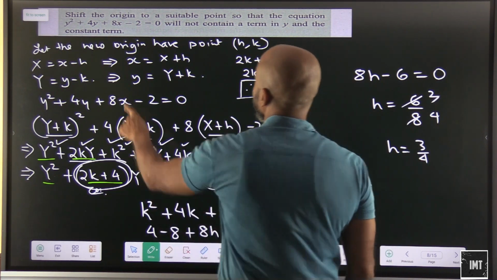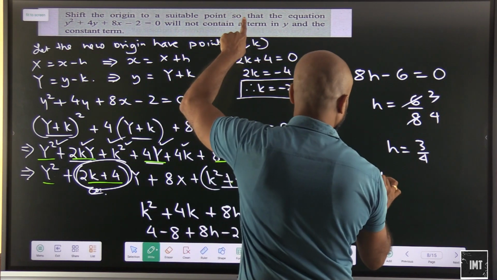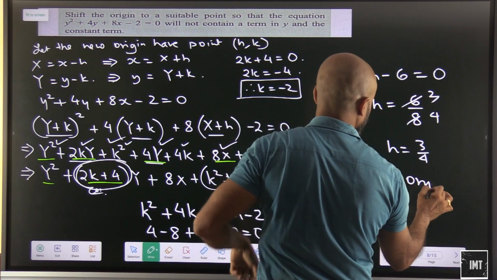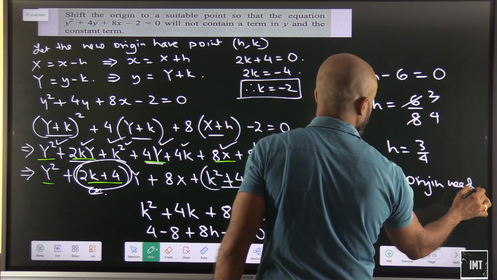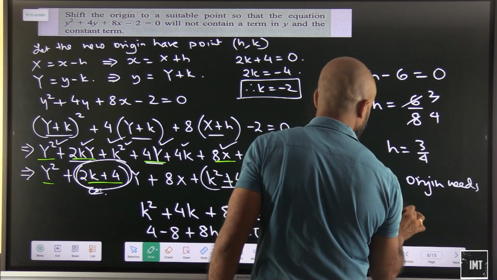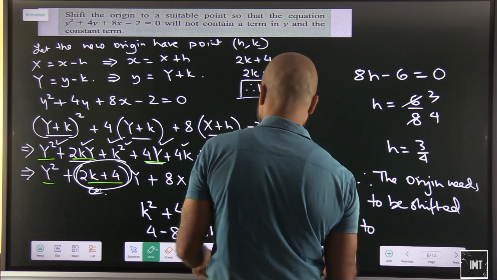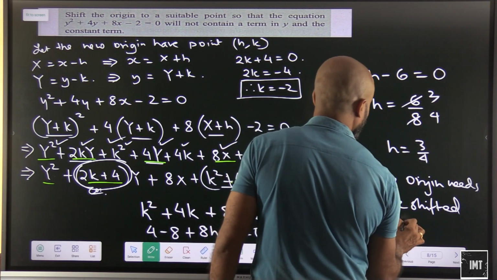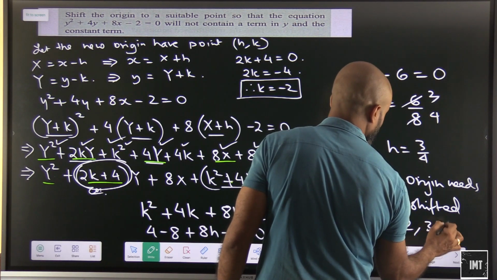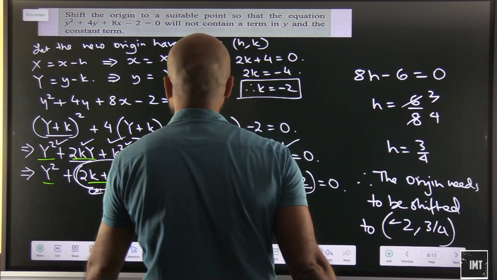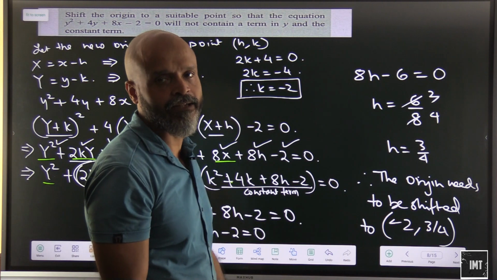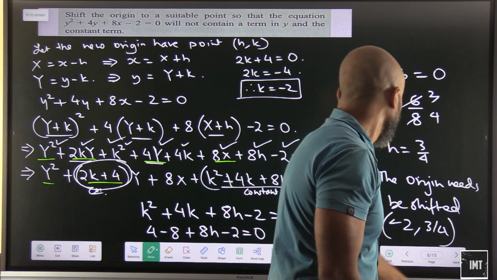So therefore the origin needs to be shifted to 3 by 4 and minus 2, so that we get a term which is free of y and the constant term as well.